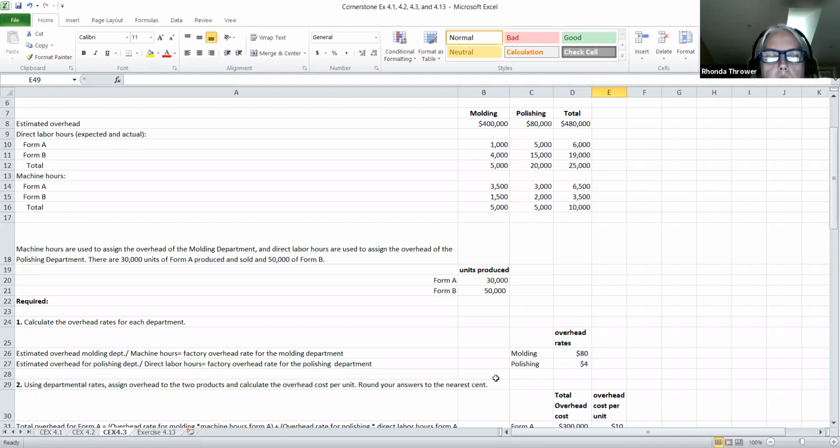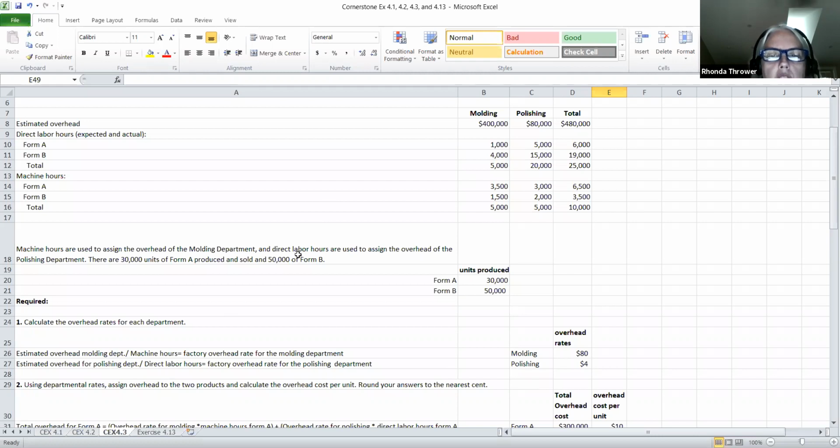They also wanted you to calculate the overhead rate for the polishing department. So we're going to take the estimated overhead for the polishing department, which is $80,000. But notice the polishing department, direct labor hours are used to assign the overhead.